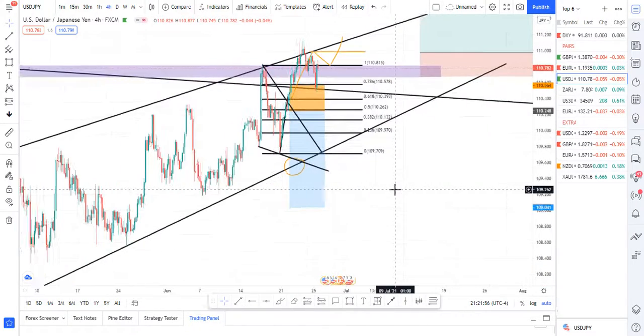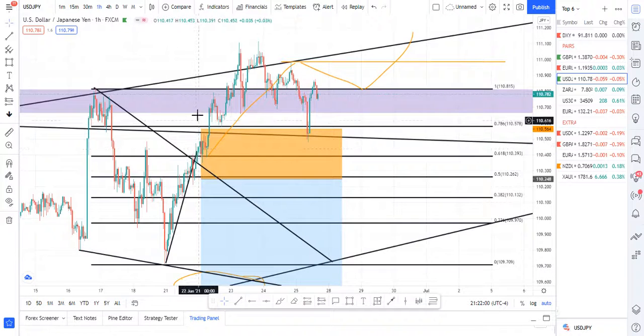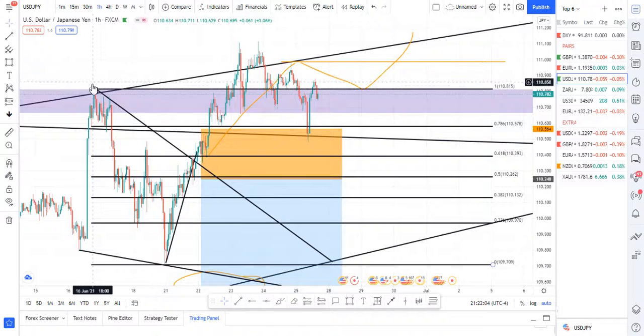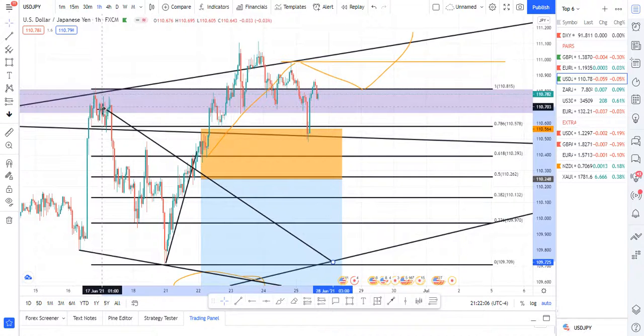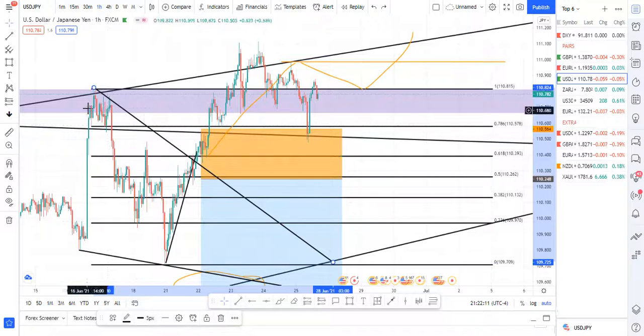As you can see, I have a Fibonacci, right? So with Fibonacci, you start from the impulse. You see, this is where price impulsed until, I mean, how did I do this again?